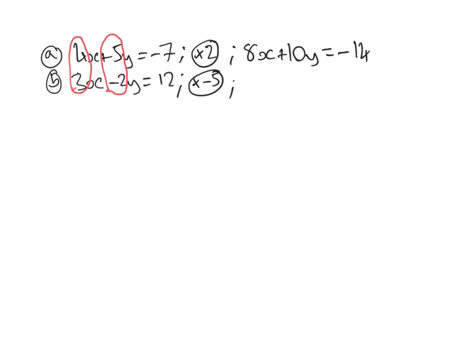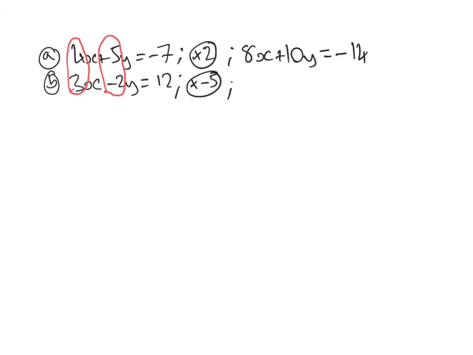Same with equation b, so negative 5. 3 times negative 5 is negative 15x. Negative 5 times negative 2y is the positive 10y we wanted. And 12 times negative 5 is negative 60. As you can see, we've now got what we wanted: two variables that have the same coefficient with the same sign.